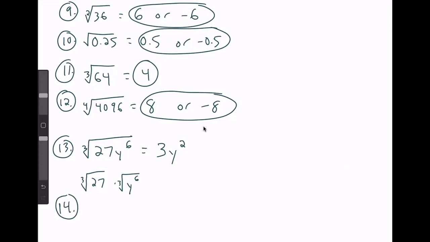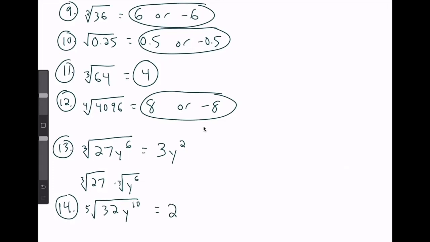Number 14 gives me the 5th root of 32y to the 10th power. Okay. So what I'm going to do is find the 5th root of 32. The 5th root of 32 is really 2.